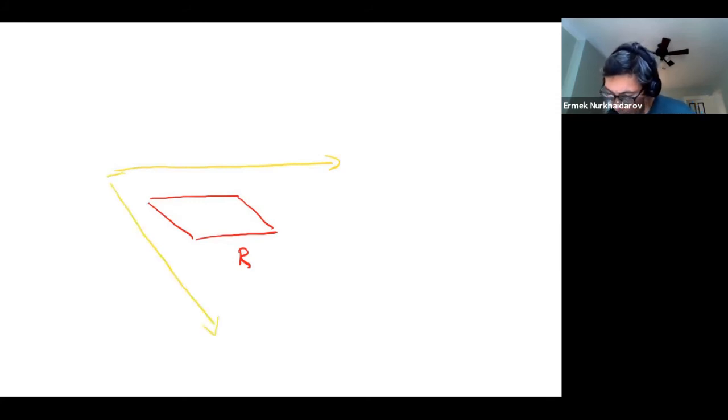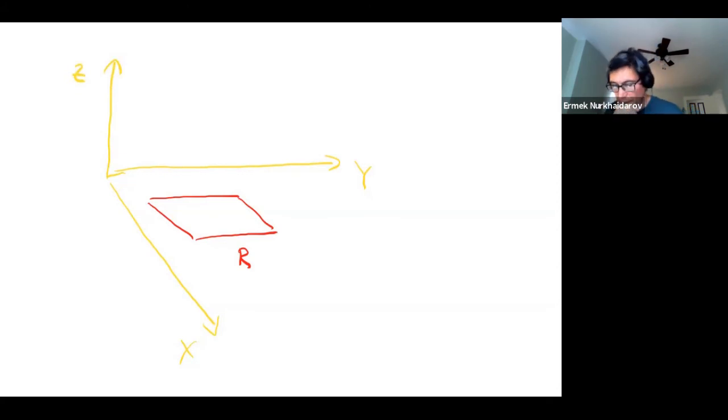We have our region R, a rectangular region R. That's kind of our domain, and that domain is somewhere on the xy plane. Then we also have our z-axis somewhere here.